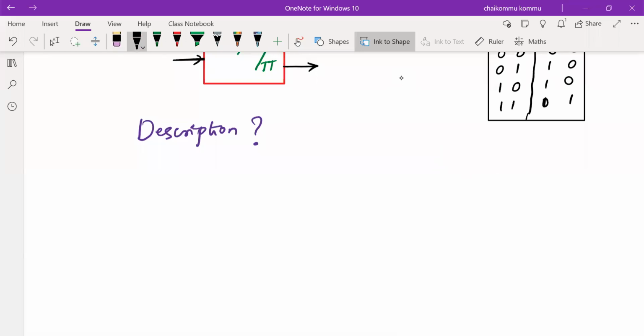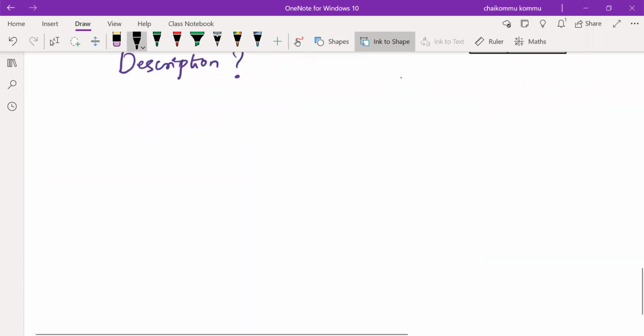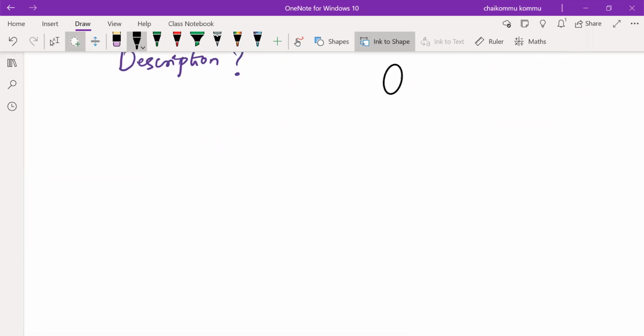Something like this. One AND gate, one OR gate, one exclusive OR gate, and one XNOR gate. For example, you can set them in this way.